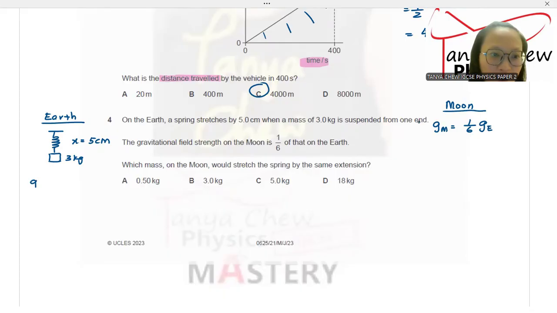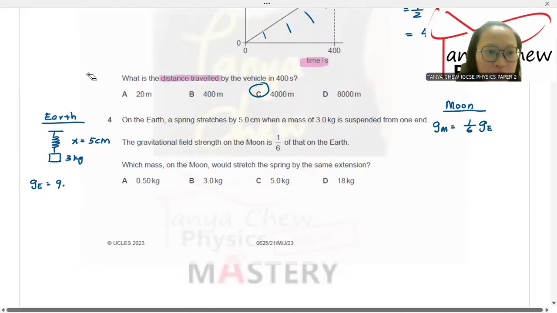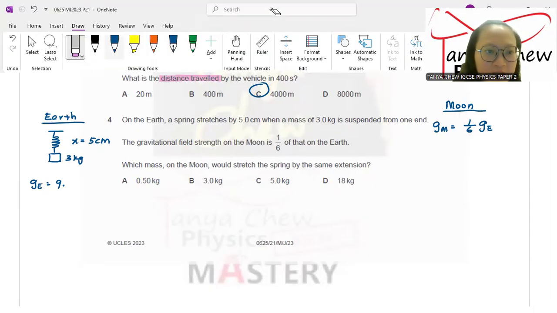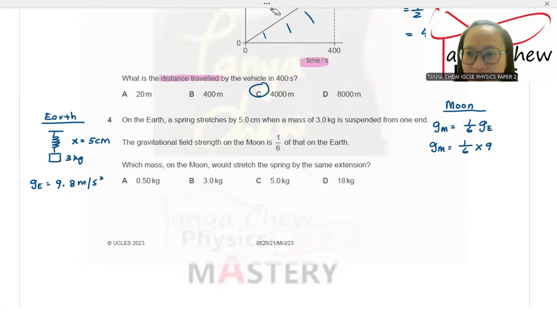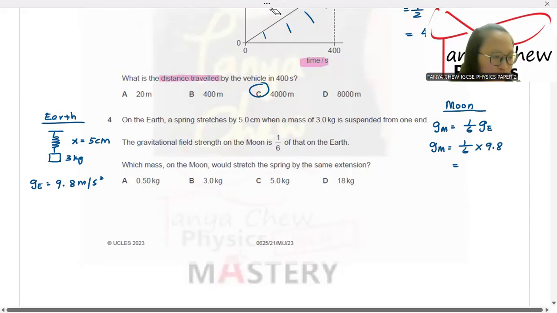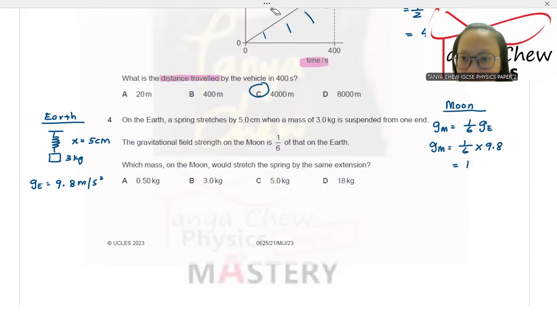Gravitational field strength of earth is equal to 9.8 meters per second squared. So the gravitational field strength of the moon is 1/6 times 9.8, which is 9.8 divided by 6. You get 1.63 meters per second squared.